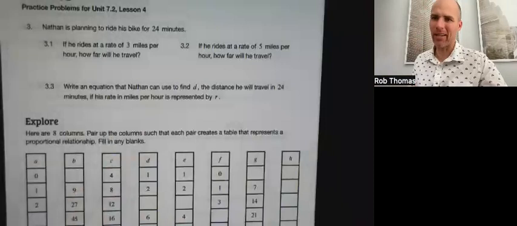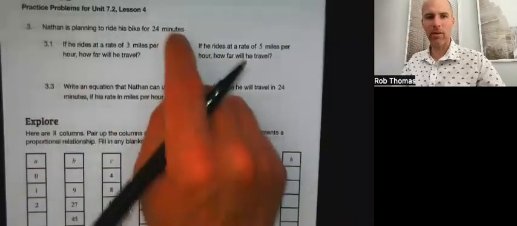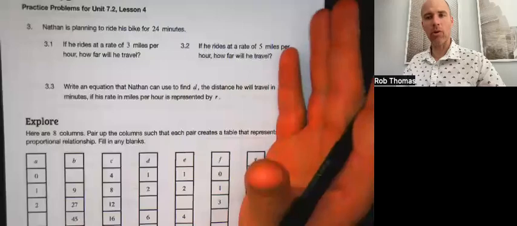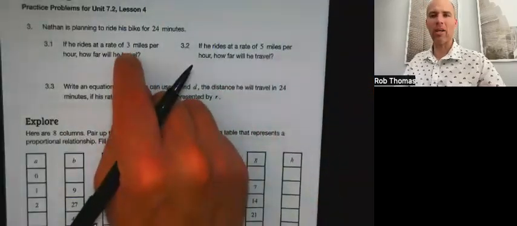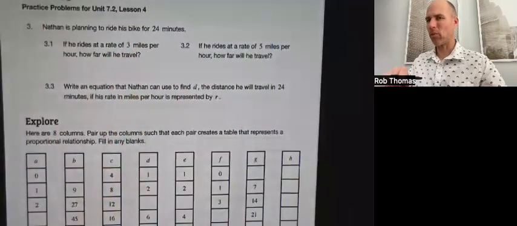Like, nah, he's not going to get 72 miles going that slow in 24 minutes. So we got to turn this 24 minutes into hours, like some fraction of an hour, or we got to turn this 3 miles per hour into how many miles per minute. And I feel like that would be the weirder way to do it.